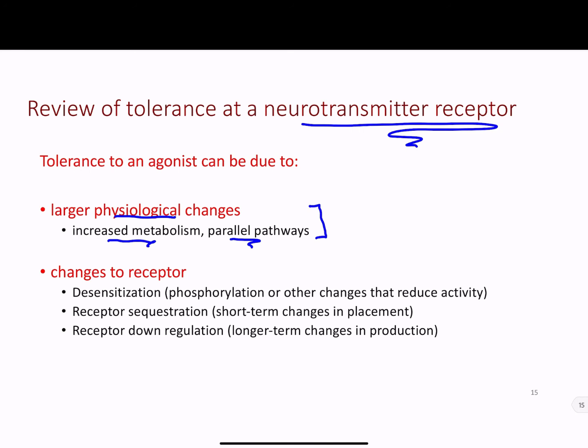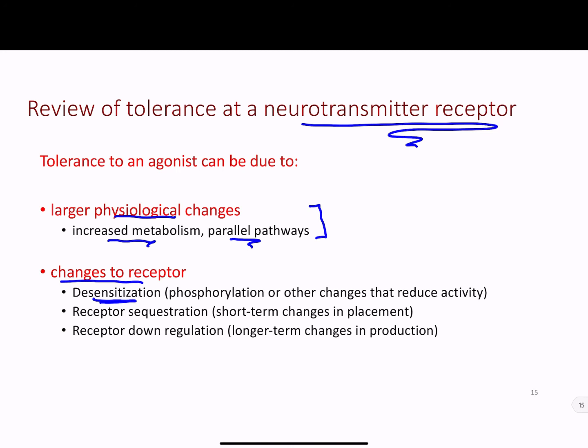But we're really going to see, when we're talking about effects on cells, we're talking about the changes to a receptor. And there are a few different ways you can desensitize the receptor itself so that once ligand binds, it's less likely to activate, less likely to turn on. That can happen really quickly. You phosphorylate the receptor, now it doesn't work anymore.